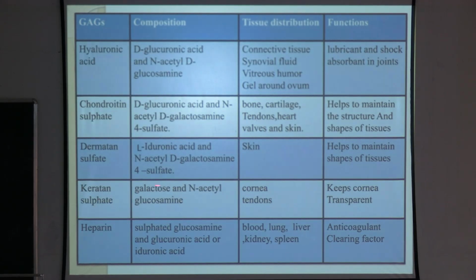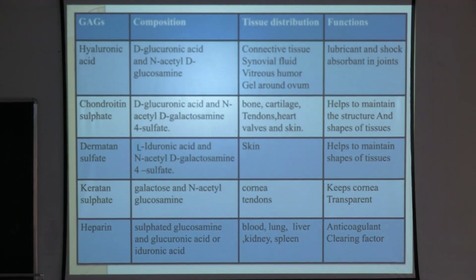In keratan sulfate there is no acid sugar. Why is it placed just after C and D? Because C and D contain galactosamine, whereas keratan sulfate contains normal galactose. So all three, CDK, contain something with galactose. There is no acid sugar, and the amino sugar here is N-acetyl glucosamine.